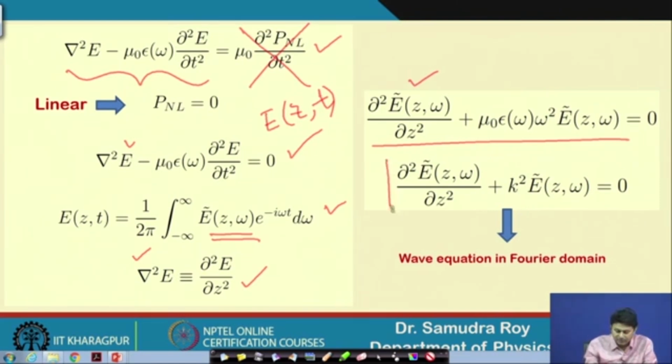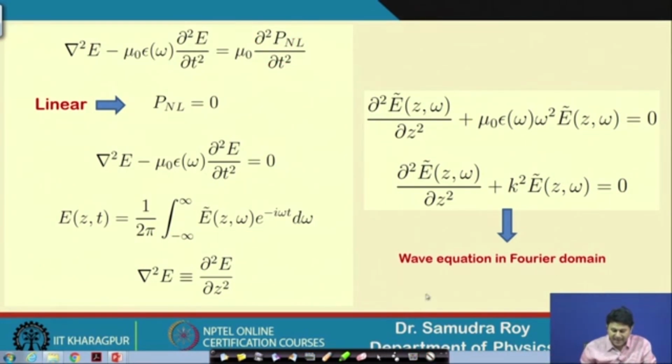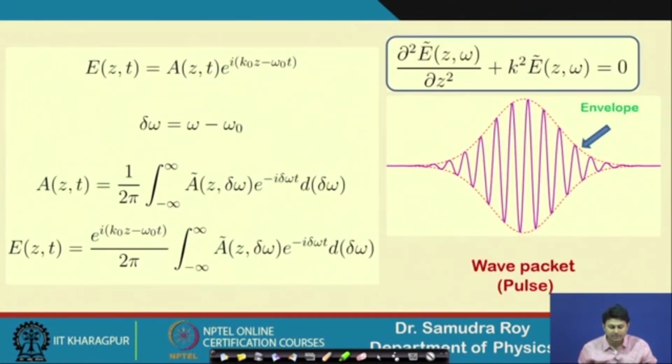And finally, we have an equation like this. This is some sort of wave equation, but E is in the frequency domain. Fine. So, once we have this equation in our hand, the solution is also readily available, because I know what is the form of this solution.